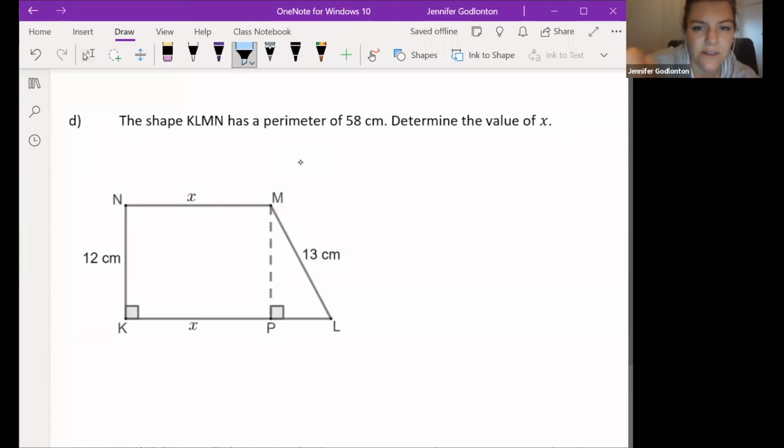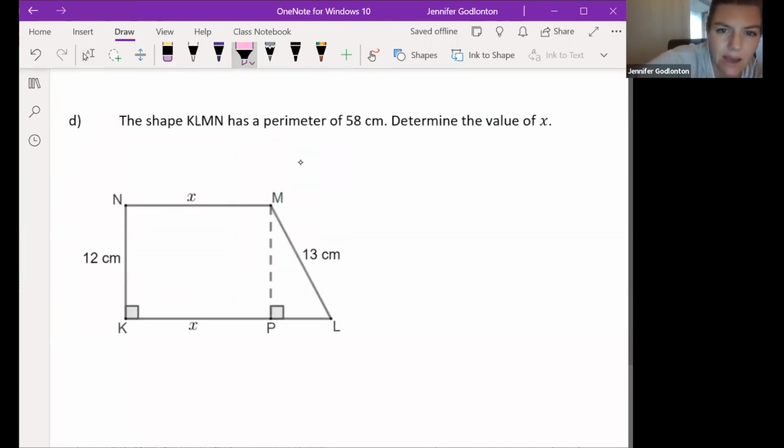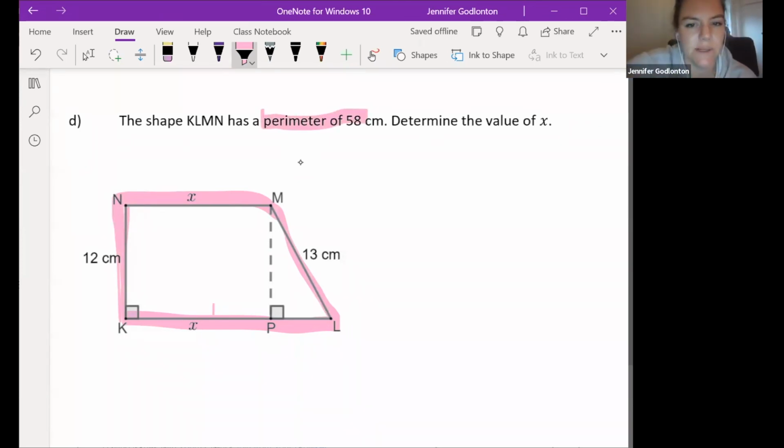I'm not going to tell you exactly what to do, but I'm going to try and help you out a little bit with a few things. So KLMN has a perimeter of 58 centimeters. That's hint 1.